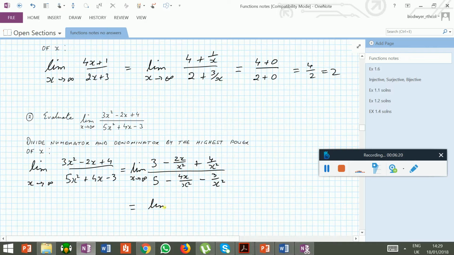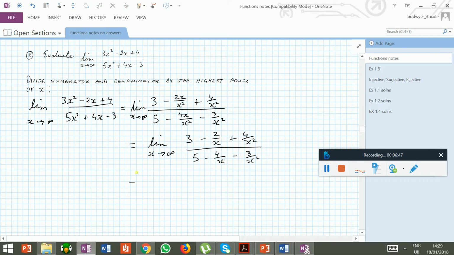That's equal to the limit as x tends to infinity of 3 minus, okay, so one of the x's cancels, you get 2/x, plus 4/x², divided by 5 minus 4/x, so x divided by x squared is 1/x, minus 3/x².